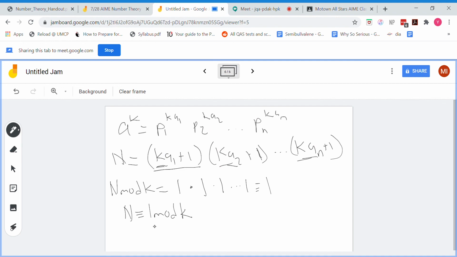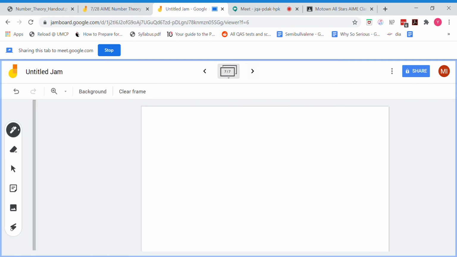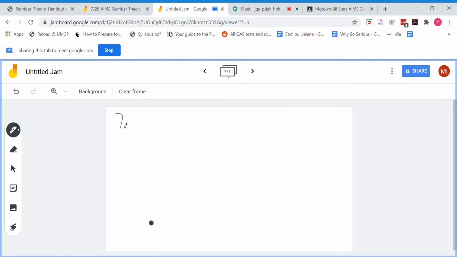Okay, interesting. So let's do some trial and error here. It's always good to do trial and error. So let's find the first 7-nice numbers. We already know that any 7-nice number must be 1 mod 7. So what's the first number that's 1 mod 7?